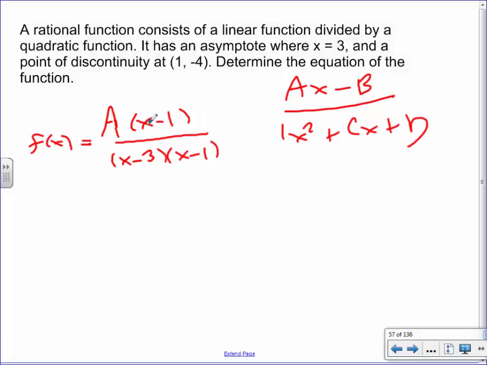You can't plug in 1 right here and right here. So you have to temporarily use the version that has these guys canceled and just do the x minus 3 version, because then you can plug in -4 for y and 1 for x. You can't do it in the version that has the x minus 1s in it, that's all.